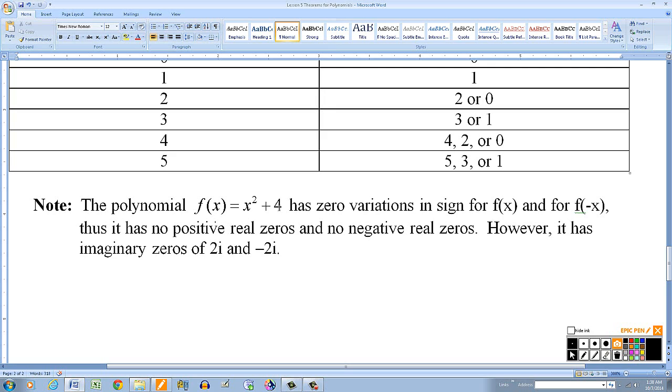So if I do the division, the possible rational zeros are plus or minus 1, plus or minus 2, or plus or minus 4. Those are just the possibilities. In this particular case, we have no real zeros at all.